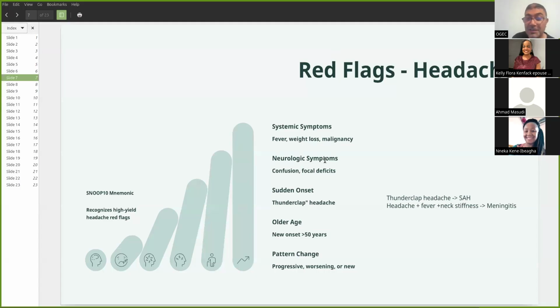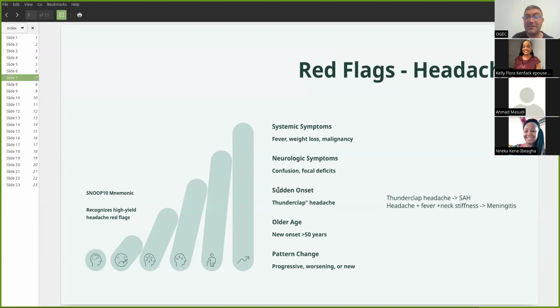If there are neurological symptoms with the headache, it's also a red flag. For example, the patient has confusion, focal deficits like hemiparesis, maybe speech problem, vision problem, then it's a red flag.